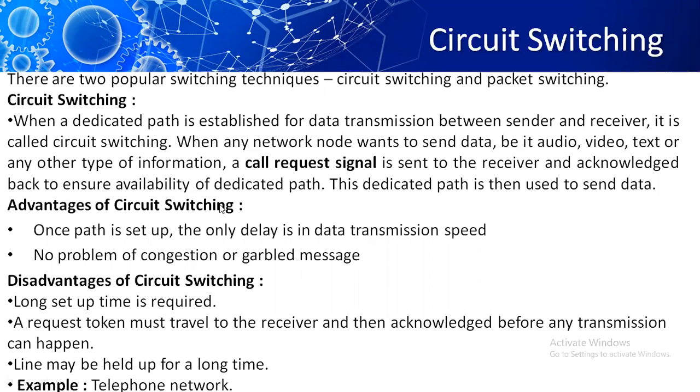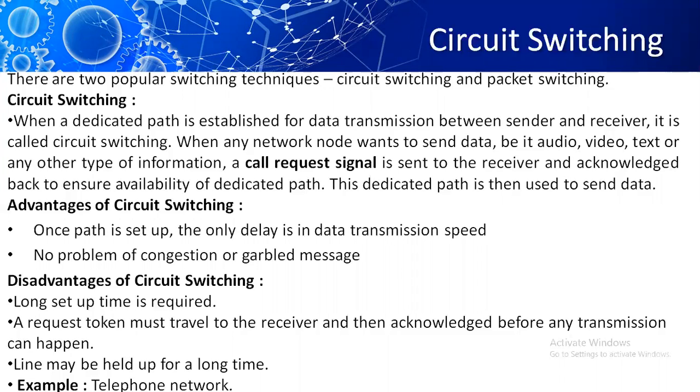The advantage of circuit switching is that once the path is established between the sender and receiver, there are no distortions in the data transmission. The only delay is the setup delay. Since a dedicated path is established, there is no problem of traffic or congestion in the data transmission.